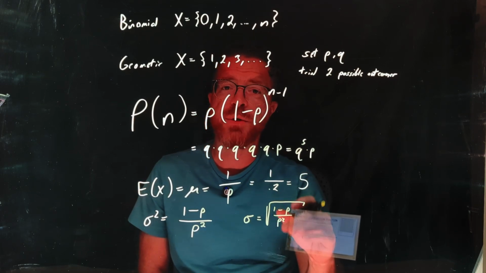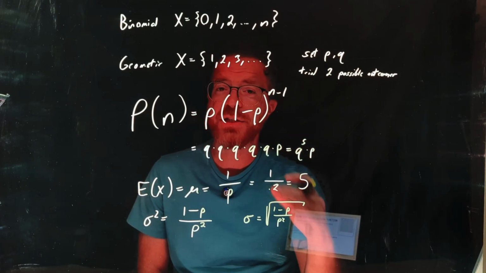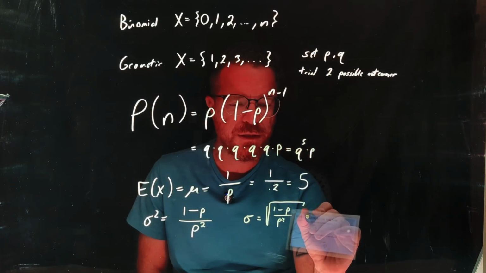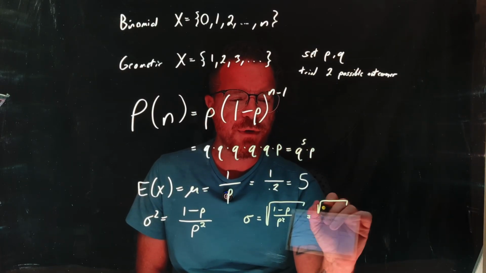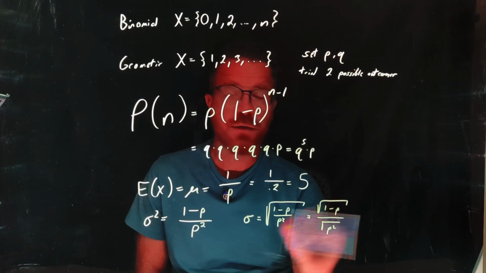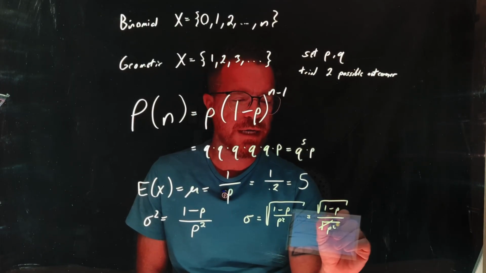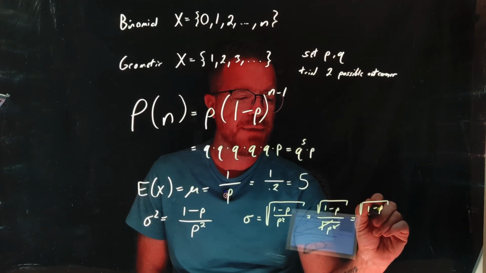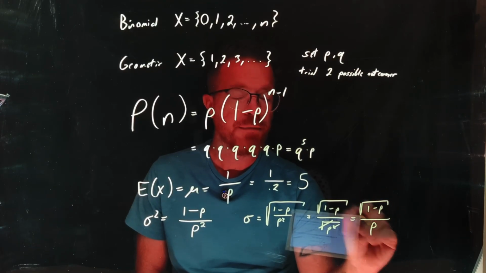Now, when I have the square root of a fraction, I can actually split it into the square root of the numerator divided by the square root of the denominator. So this is going to be the square root of (1 minus p) over the square root of p squared. Well, the square root and the square are going to cancel in the bottom, and we're just left with the square root of (1 minus p) divided by p.